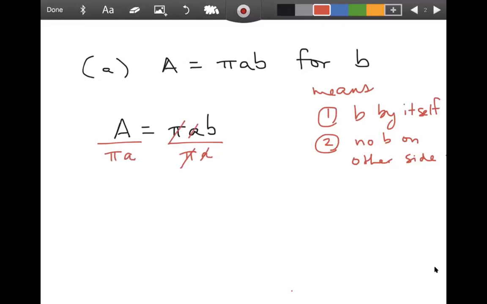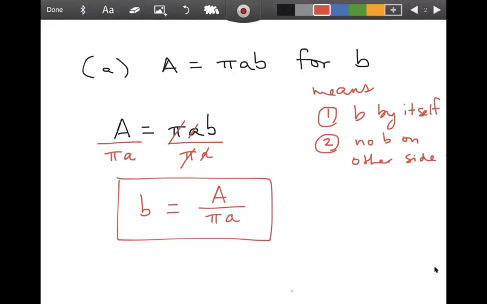All right, so the final answer, how does this formula look when it's solved for B? It would look like B equals big A. What in the heck just happened? I swear I did not write that. Big A divided by pi times little a. All right, so that's the kind of answer we're looking for in this type of problem.